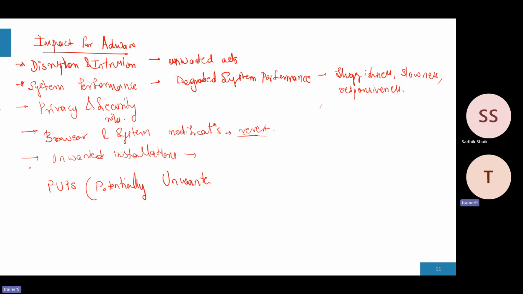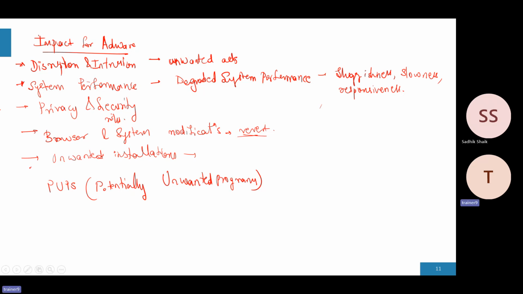These potentially unwanted programs also get categorized under adwares. These are software types that might differ in their purpose, but users might be unintentionally installing them. They might be bundled with some other software, and you'll see that they might be delivering ads and all.